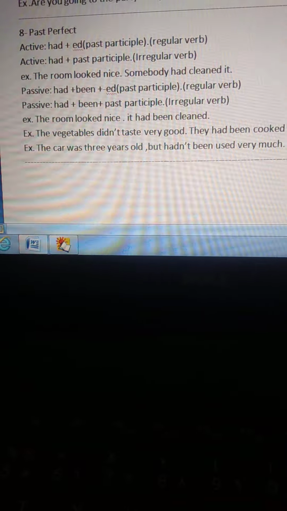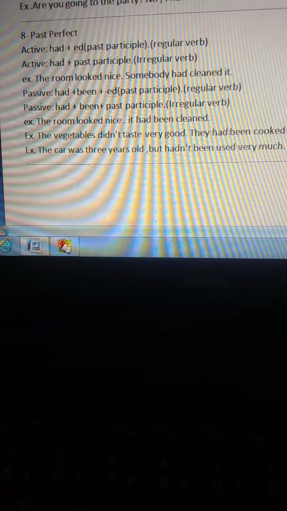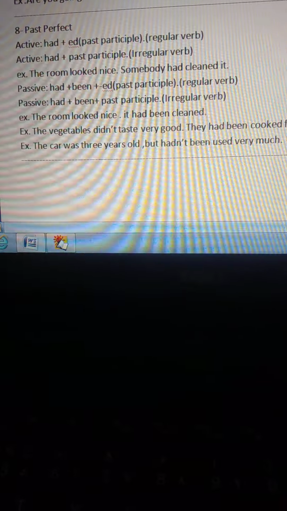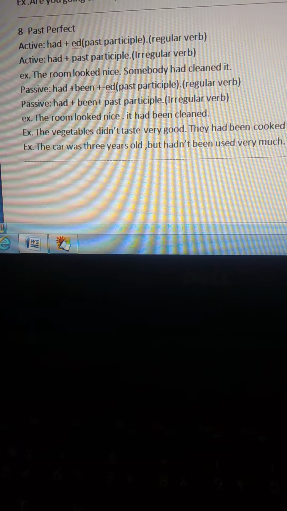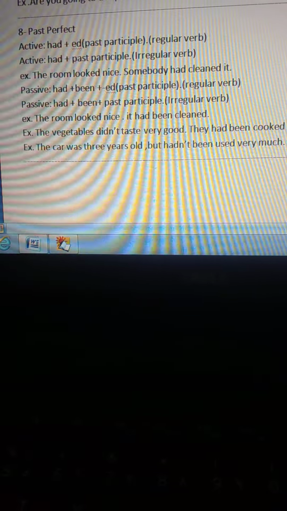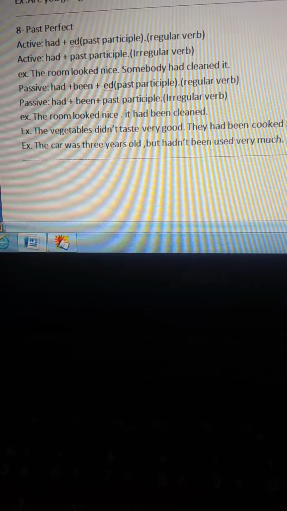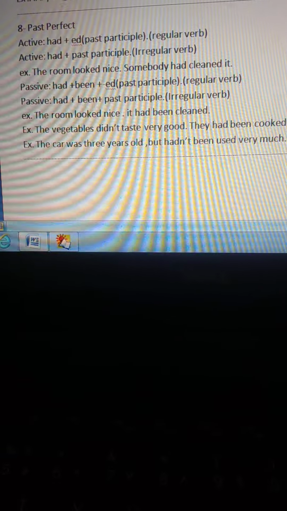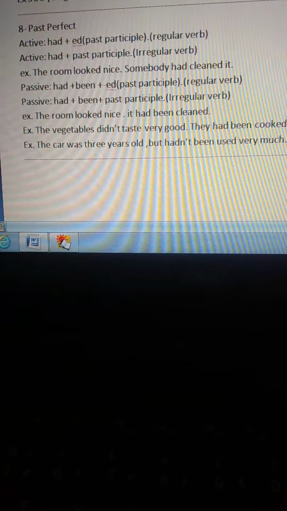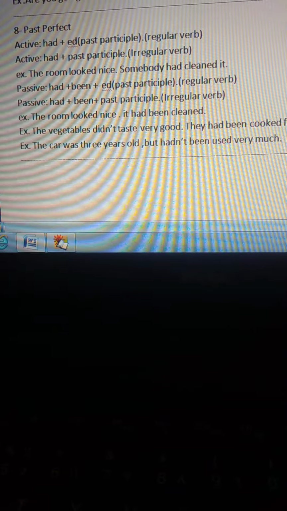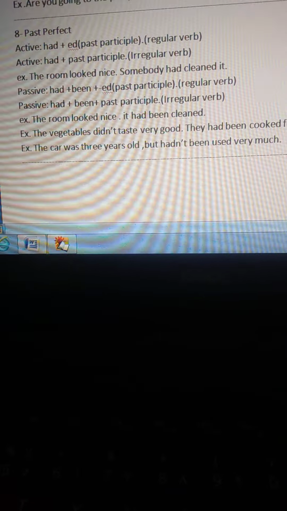Passive: had plus been plus past participle, regular and irregular verbs. The first sentence: the room looked nice. It had been cleaned.